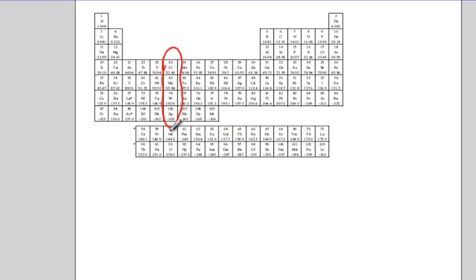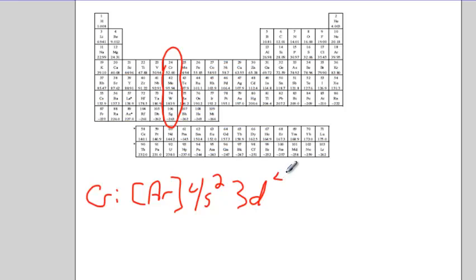All of these that I've circled here end in the electron configuration d4. So chromium, for example, if I were to do the noble gas configuration for chromium, according to the rules I've already taught you, it would be argon, then 4s2, then 3d4. But if you look up the electron configuration of chromium, it isn't actually that.